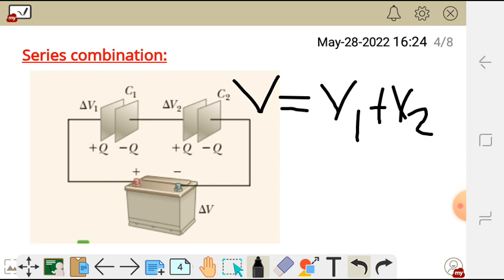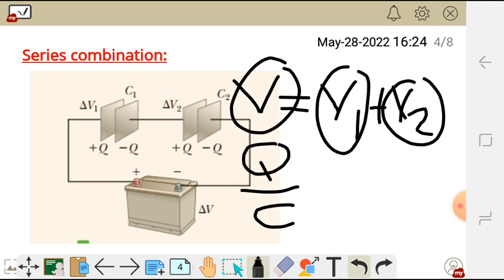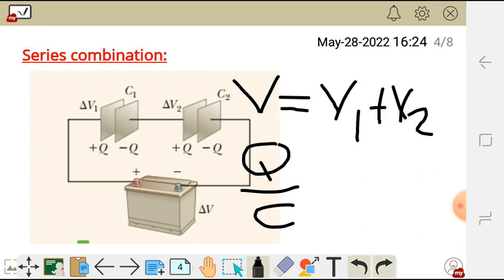To find the equivalent capacitor, which is the total capacitor, you simply replace where there is V. V is equal to charge over capacitance. So you replace V and make C the subject of the formula.